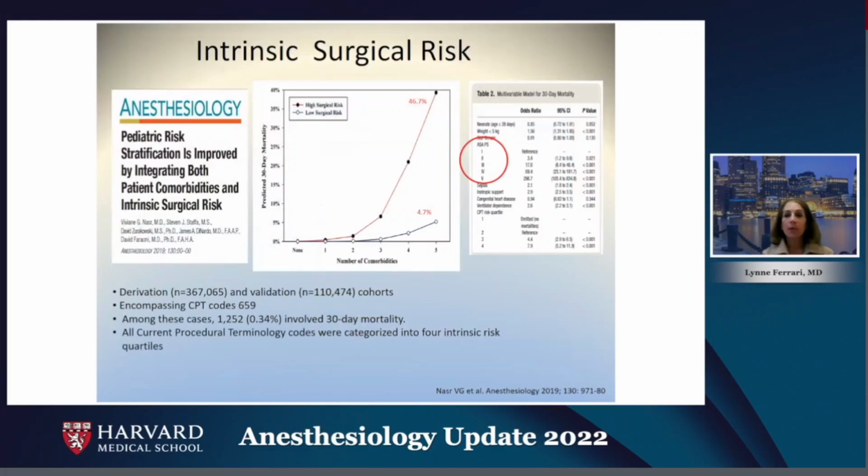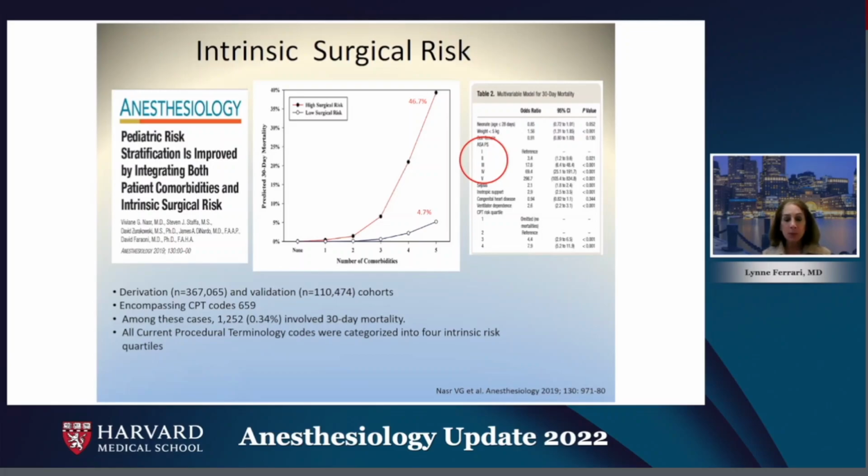To further elaborate on that and to try to incorporate comorbidities into surgical risk, a system of intrinsic surgical risk has been developed. It was developed by looking at almost 400,000 cases encompassing almost 700 CPT codes, looking at the 30-day postoperative mortality in an attempt to determine what part comorbidities played in risk prediction for different patient populations.